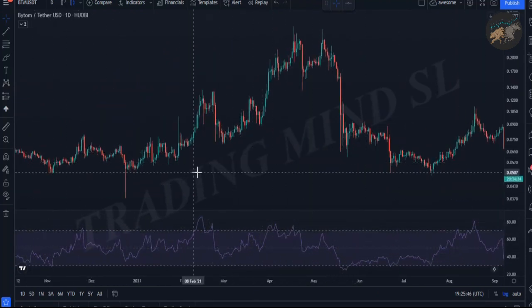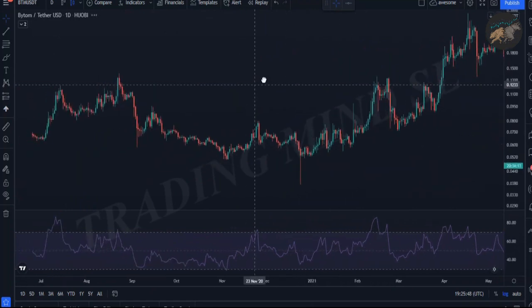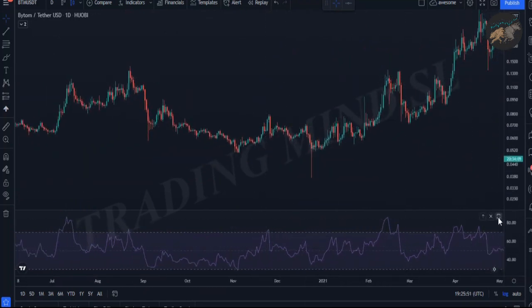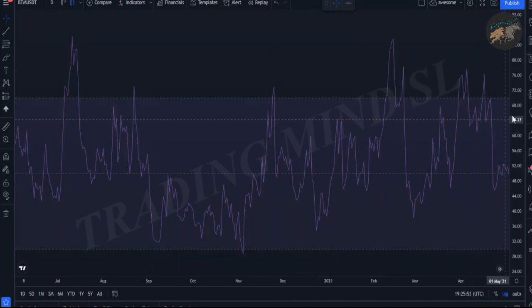Let's zoom in, to understand what below 30 means. This type of RSI indicator moves between 2 lines, which are the 70 line at the top, and the 30 line at the bottom. The area near 30 line is considered oversold, and the area near 70 line is considered overbought.